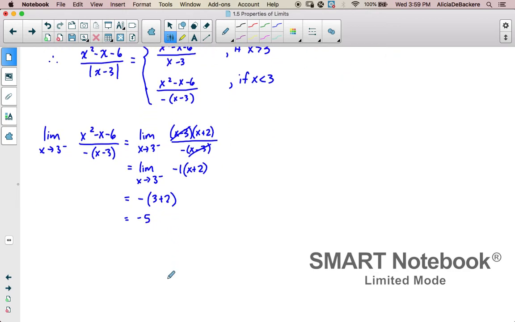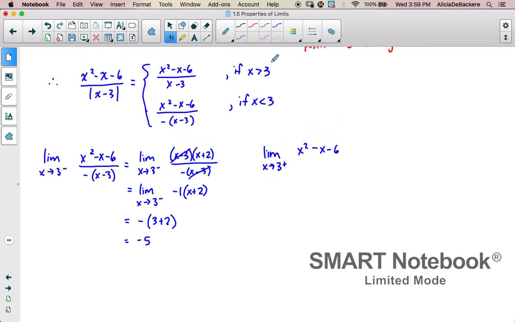Next, we're going to take a look at the right limit. So this time as x approaches 3 from the positive side of our function. So now when I'm picking my equation, I'm looking for the piece of the equation where x is greater than 3. So I'm choosing this equation. Again, I can't use direct substitution here.